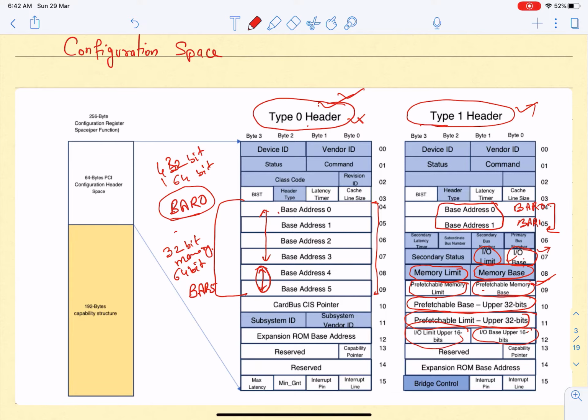So in short, for IO base of 32-bit, the 16-bit base will come from here and the limit will come from here, and the upper 16 bits we will configure here. Similarly, for 32-bit memory base, we will have base here and limit here.